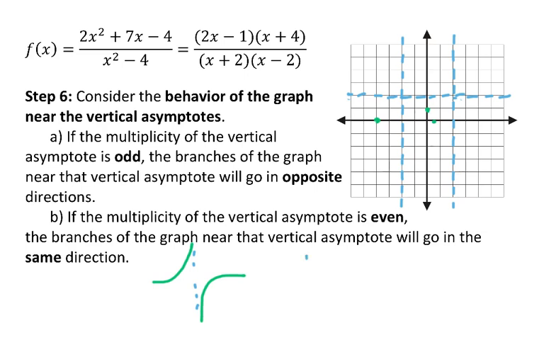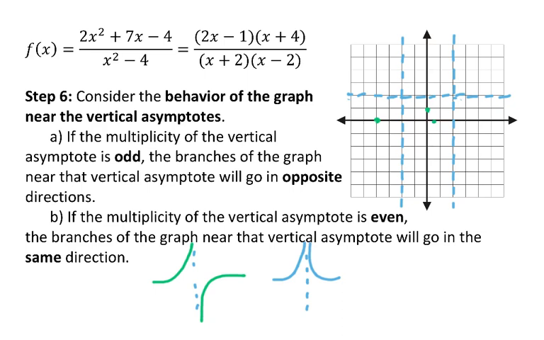Or the two branches can go in the same direction, where perhaps both of them are going towards positive infinity as the branches approach the vertical asymptote, or maybe they might both approach negative infinity. Which one of these two scenarios will happen will depend on the multiplicity of the vertical asymptote. By multiplicity, I'm considering much like I did with x-intercepts.